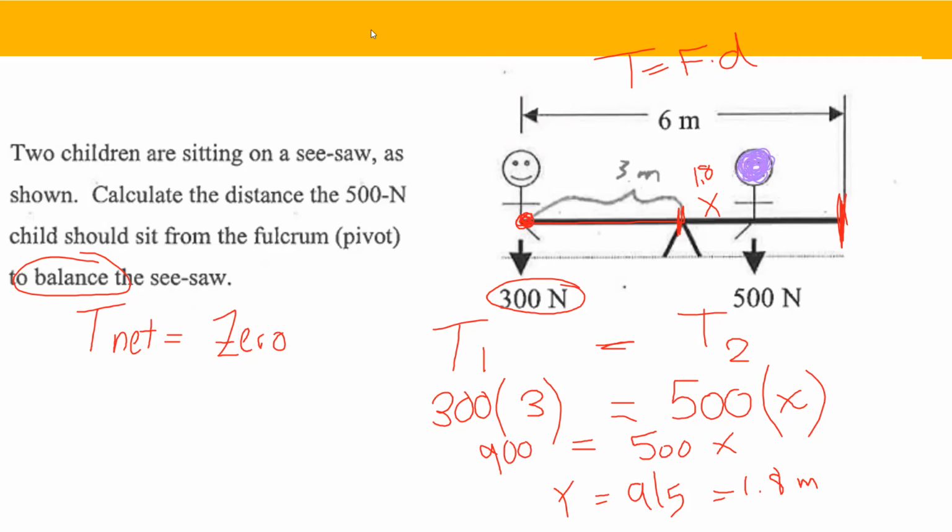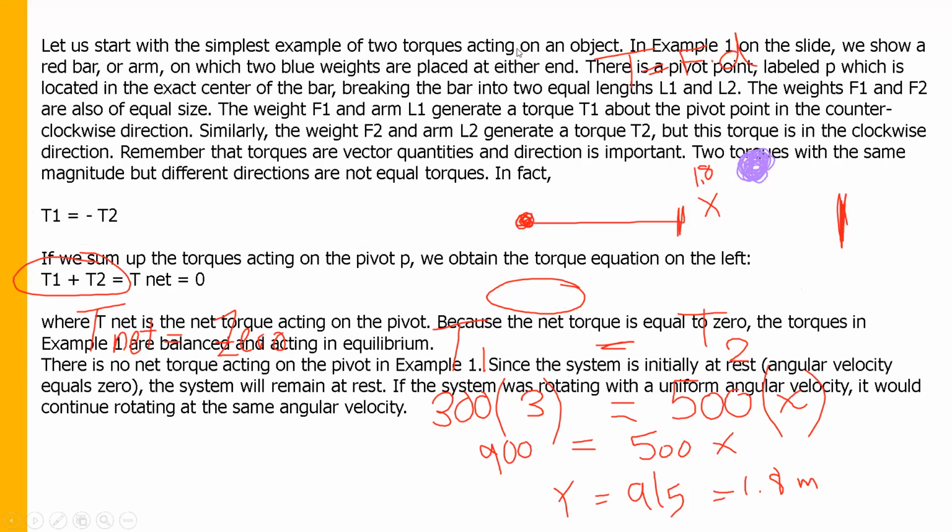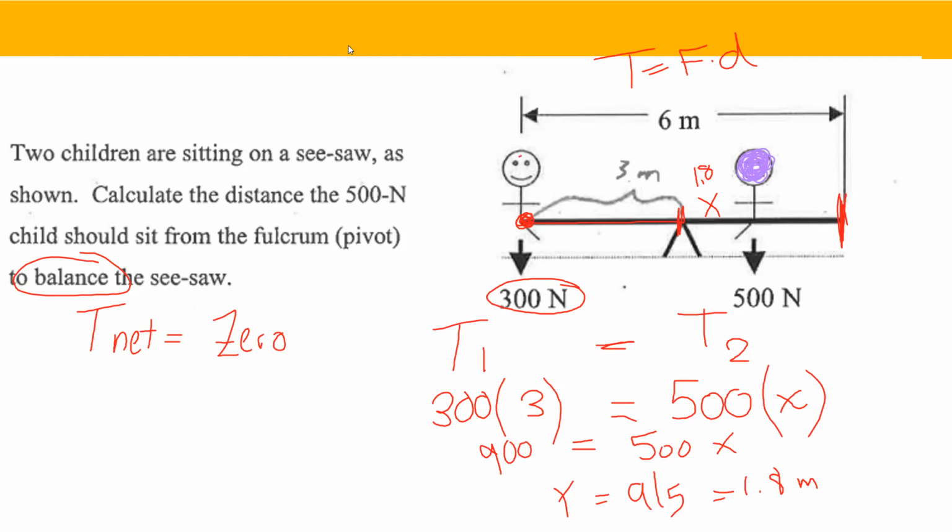Okay, the purple boy will sit with a distance of 1.8 meter from the pivot point in order to get balanced with the second boy, the red boy, that's sitting 3 meters from the pivot point. Like they will be balanced. So the distance here will be 1.8. Yes, exactly. And when they are at this point, let's draw them here now.